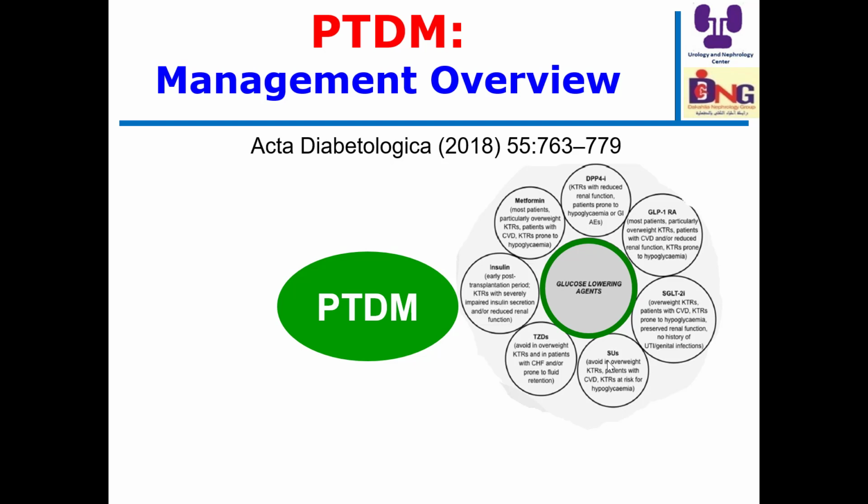Yes, treating hyperglycemia is crucial, and we should select anti-diabetic drugs according to renal function, considering drug-drug interactions and patient characteristics. One reason to select specific groups like GLP-1 receptor agonists and sodium glucose cotransporter 2 inhibitors is when dealing with obese patients, because they are associated with reduction of body weight.